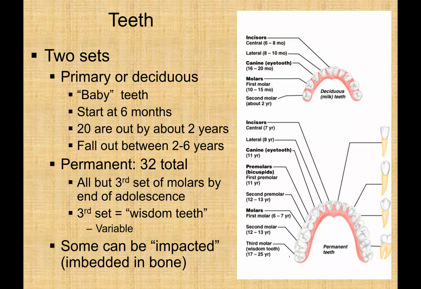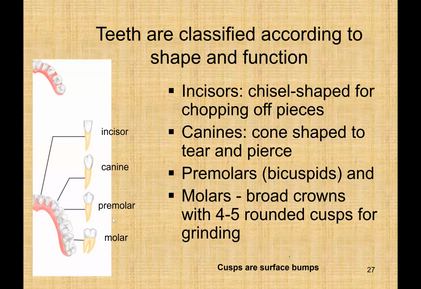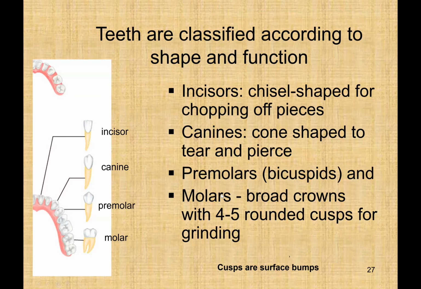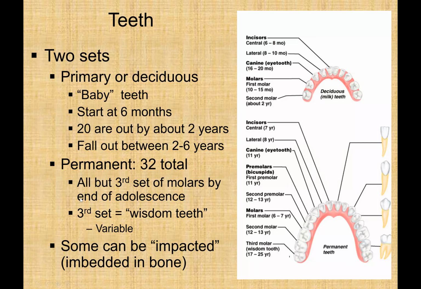A time will come, you still have some pains around the cheek region, and then it tells you you have the third set of teeth coming out, which we call the wisdom teeth. So all but the third set of molars by the end of adolescence are out, and then some can be embedded within the bone. So we call them the impacted teeth.